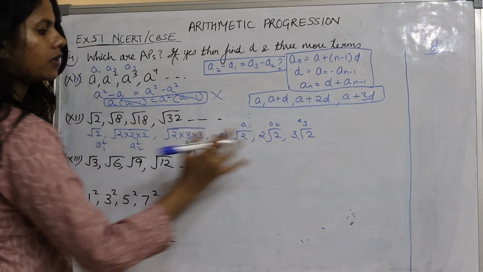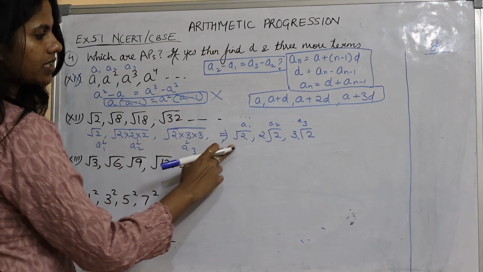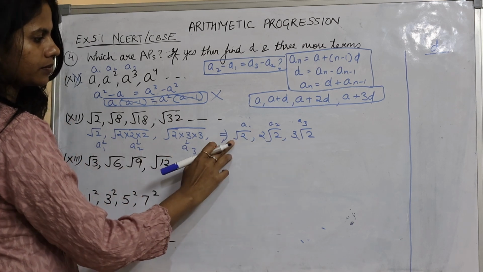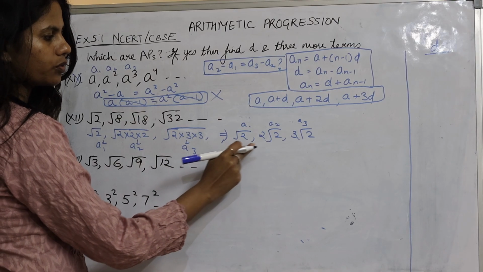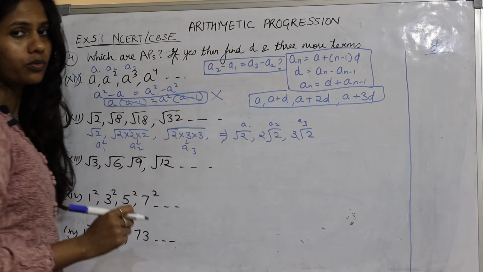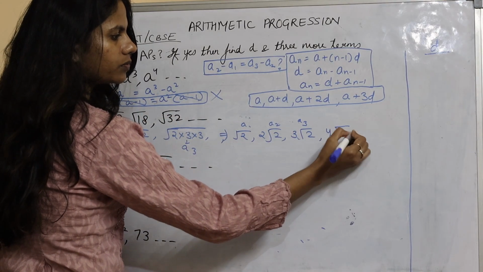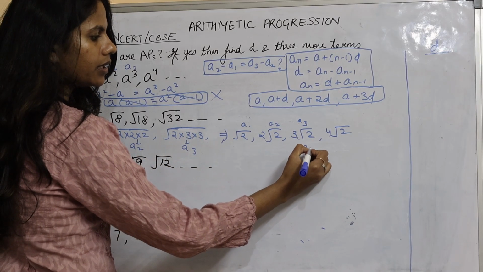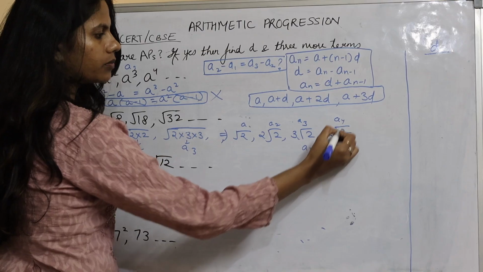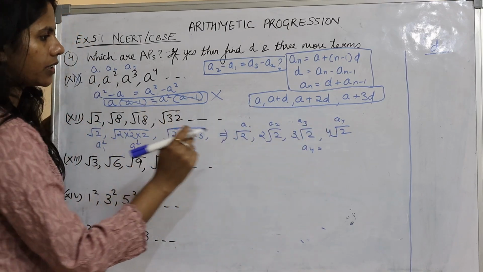So now we have to find out the next three terms. Before that, you see some pattern, okay? Here it is 1 under root 2, 2 under root 2, 3 under root 2. So mostly the next will be 4 under root 2. And if you are not confident in this way, then A4 is already given.